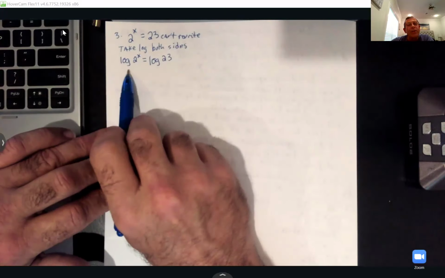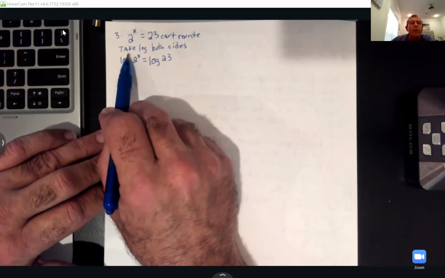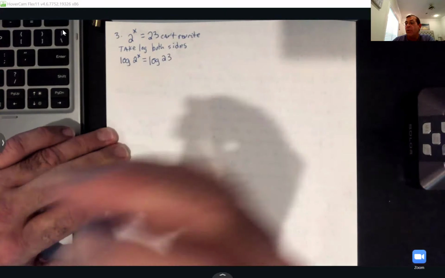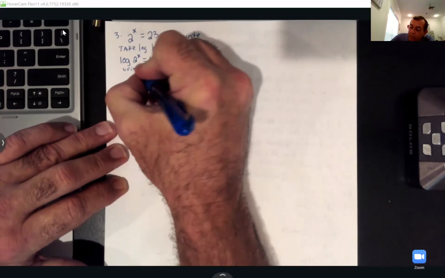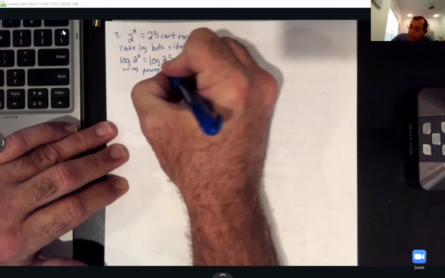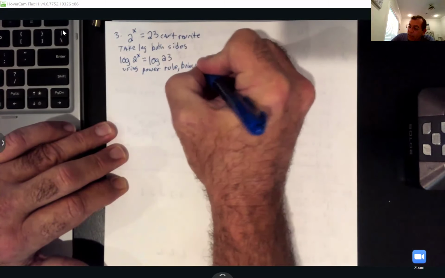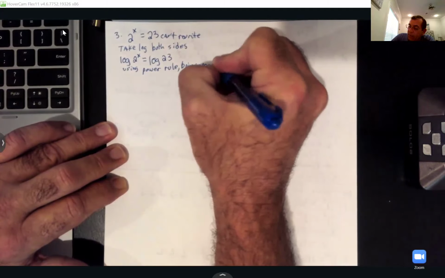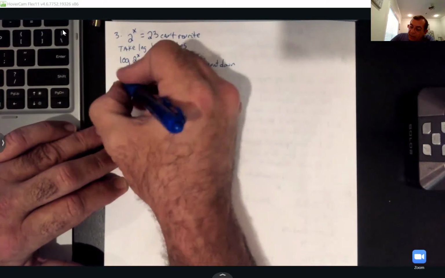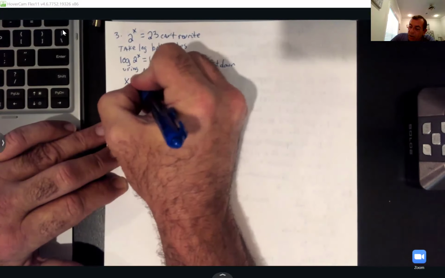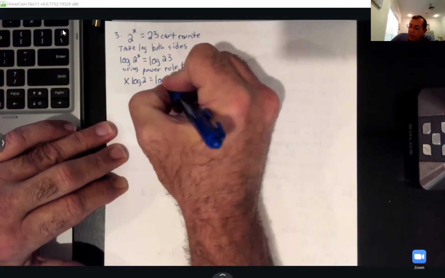And y'all, the reason we took the logs, remember, is because now using the power rule, I can bring my exponent down to the front. So using the power rule, bring the exponent down. So that'll give me x times log of 2 equals a log of 23.